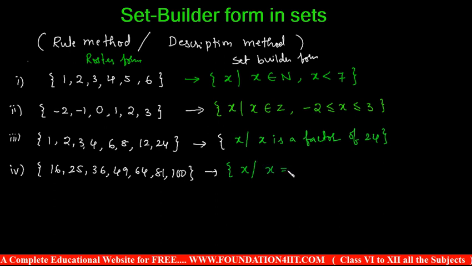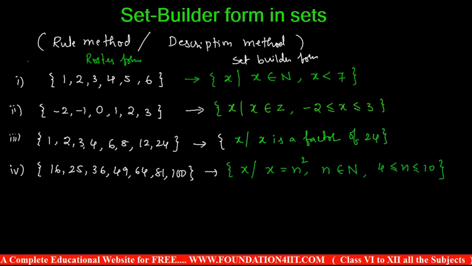Here n belongs to natural numbers, but n is from 4 to 10 only: 4 squared, 5 squared, 6 squared, like that. So we can write 4 less than or equal to n less than or equal to 10.